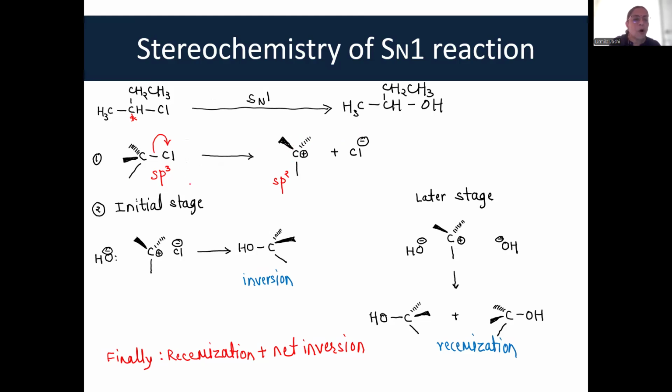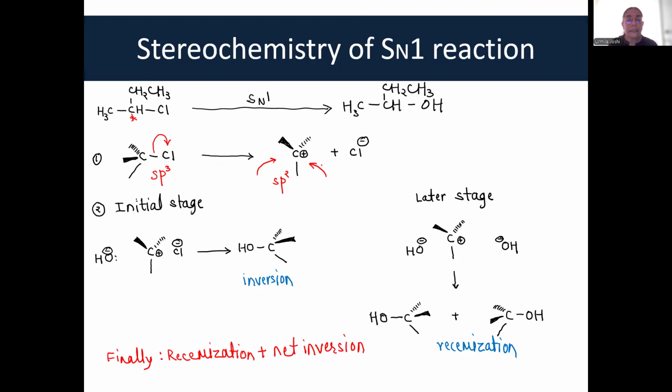This bond angle was 107. Here the bond angle is 120. This is a trigonal planar structure. So actually attack of the nucleophile should be possible from both the sides, and you will expect a racemized product, 50% with same configuration, 50% with inverted configuration to form.